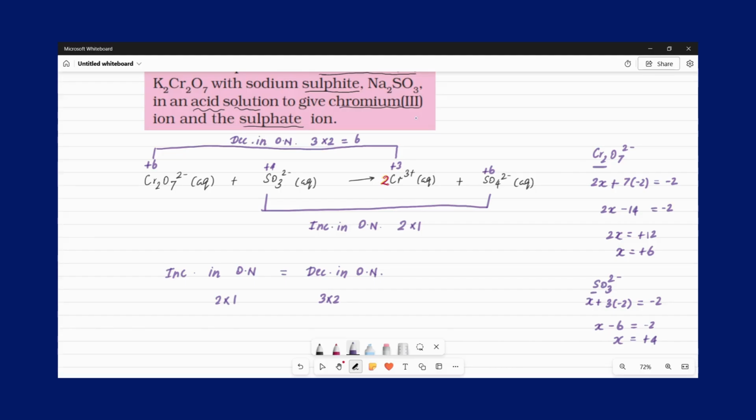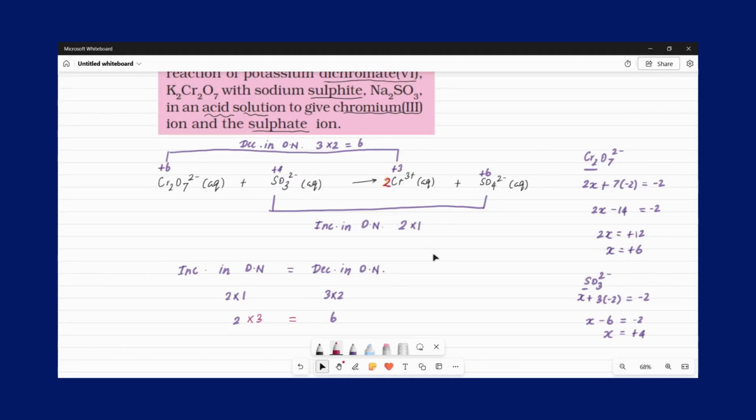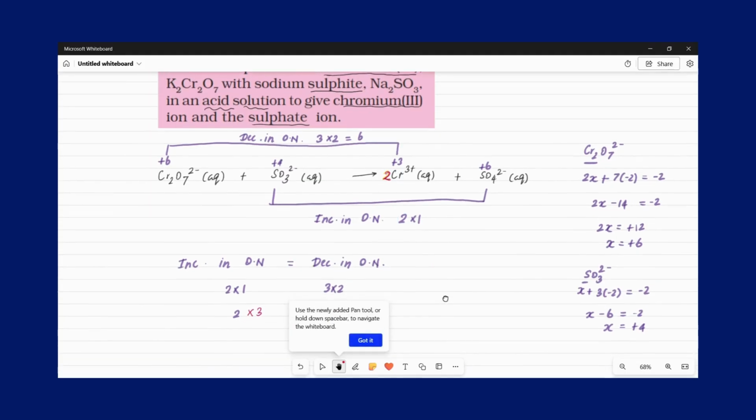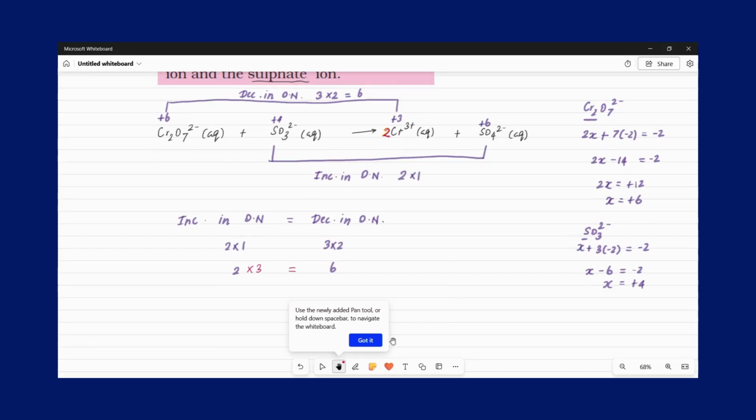So this is 6 and this is 2. When I want to equate, I multiply the increase side by 3 so that it becomes equal. When I multiply by 3, the equation is going to change. I am going to multiply only the increase side, meaning only the sulfur part, not the chromium part.